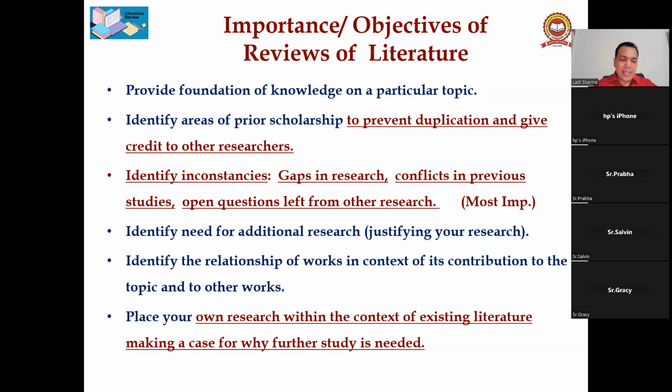Next, identify the relationship of a work in context of its contributions to the topic and to other works. Place your own research within the context of existing literature, making a case for why further study is needed.